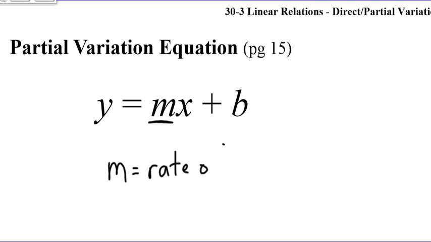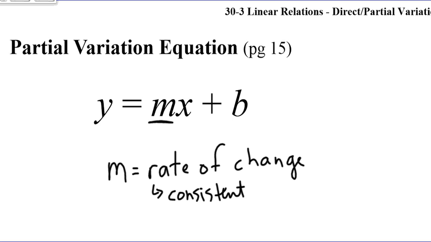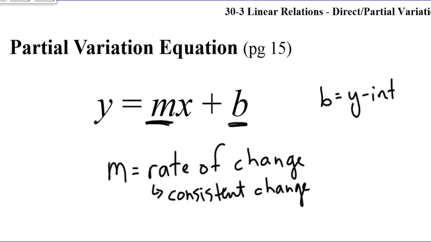It's the rate of change. It's the consistent change for the question. Being charged $25 per hour. That's our consistent change. And b, that's our y-intercept, which is the starting point of the question.